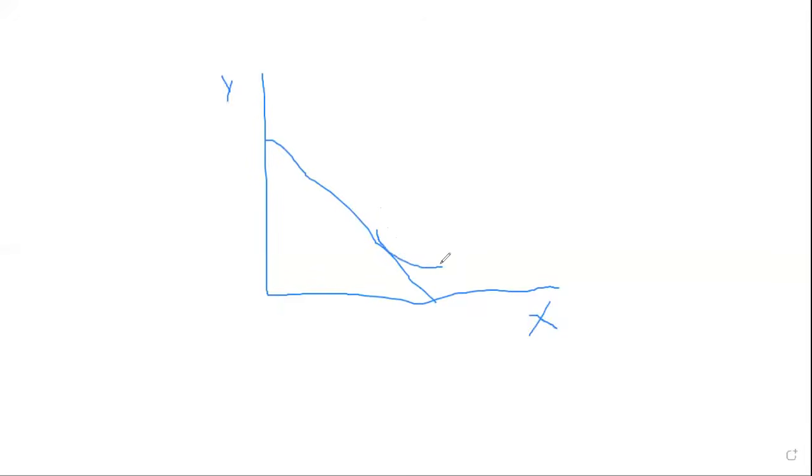So we have Y on the vertical axis, X here. So let's get our initial equilibrium.